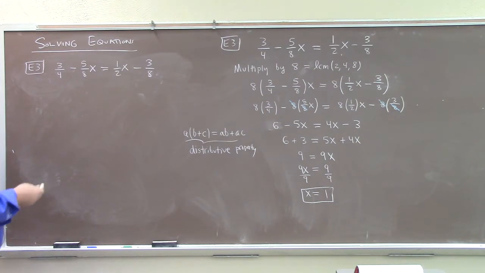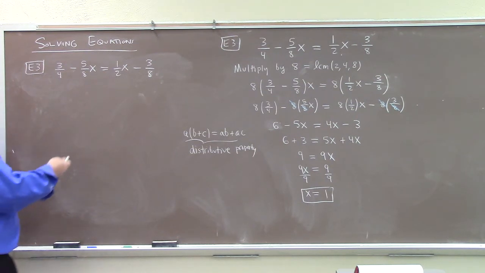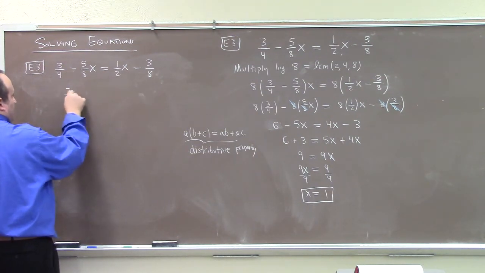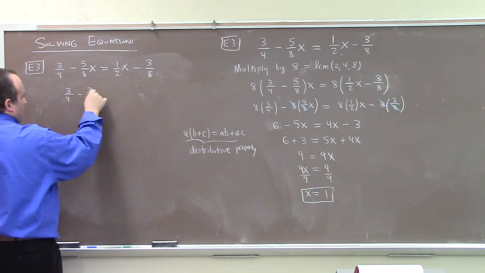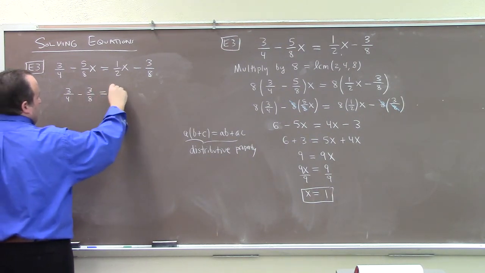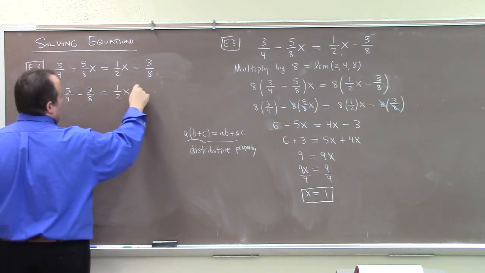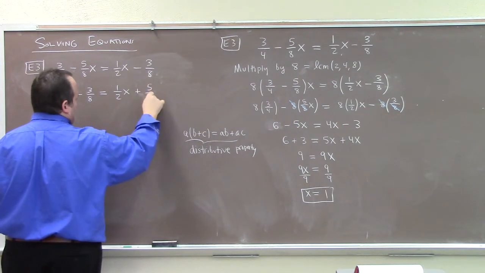So we would move all the x terms to one side and move all the constant terms to the other. So maybe we'd have 3/4 minus 3/8 is equal to 1/2 x plus 5/8 x, yeah?